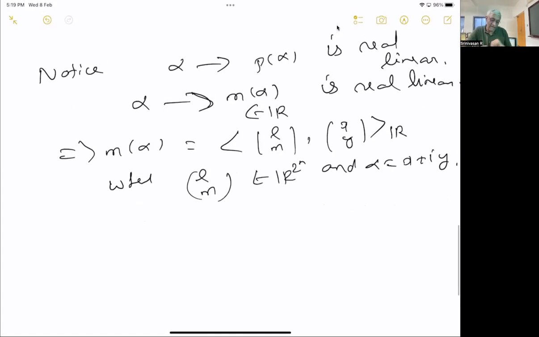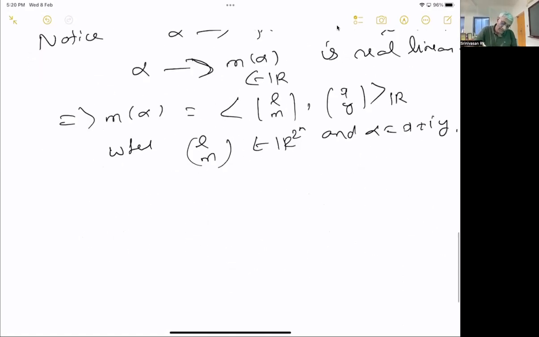So one thing is we have got a form for M alpha. M alpha is actually given by one single vector. Okay. On the other hand, this map alpha, beta going to, let's say alpha and beta, I want to write it as alpha equal to x plus iy and beta equal to x prime plus iy prime, let's say.